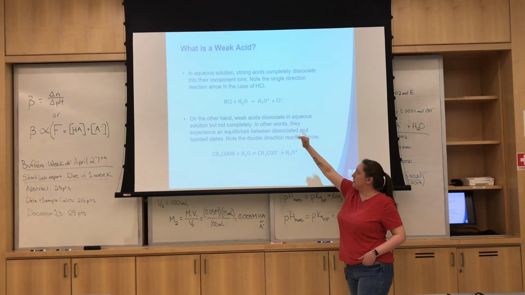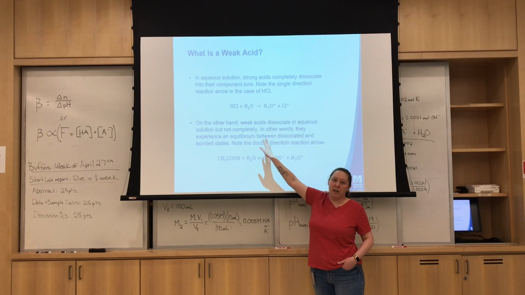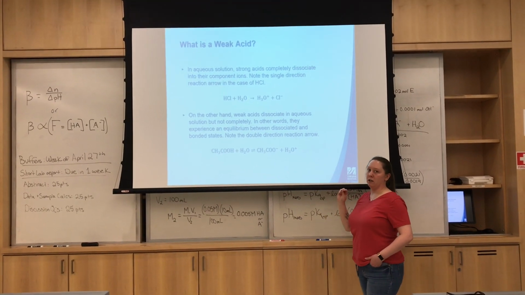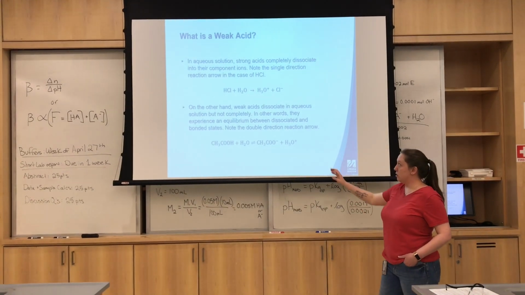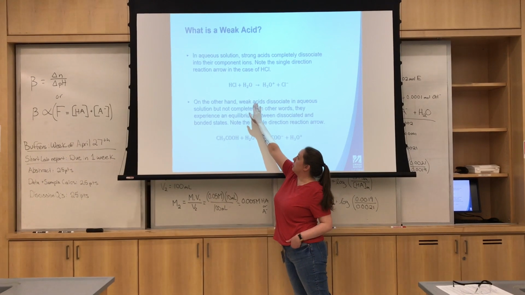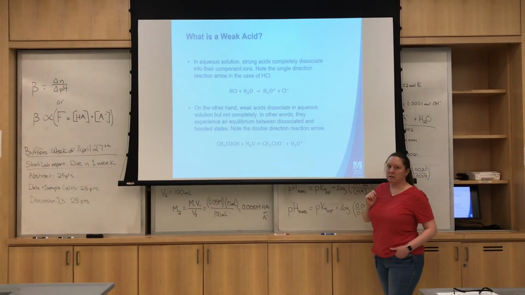In this case, it's Cl-. So when you have a strong acid reacting with water, it dissociates 100%. So all of the protons from HCl are going to be reacting with water to make hydronium ions.